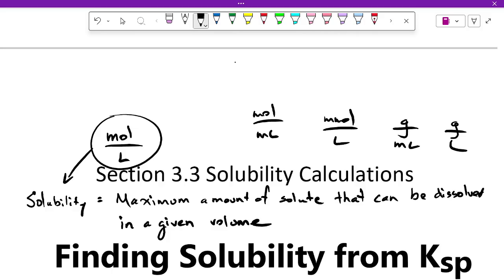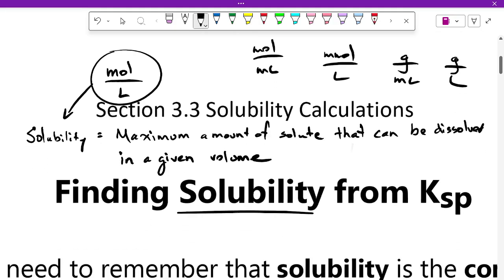All right, so we are finding solubility. That means we are finding the concentration.